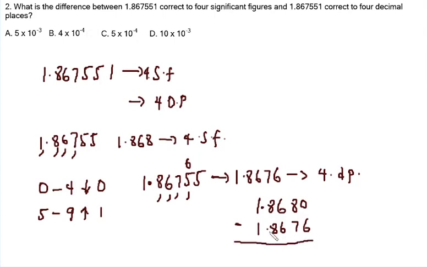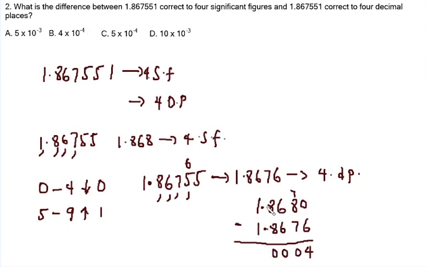So if I try to subtract this out, 0 cannot subtract 6, so I need to borrow 1 from here. So this becomes 10. 10 minus 6 is 4. Remember we took 1 out of here, so this is now a 7 actually. So 7 minus 7 is 0. 6 minus 6 is 0. 8 minus 8 is 0.